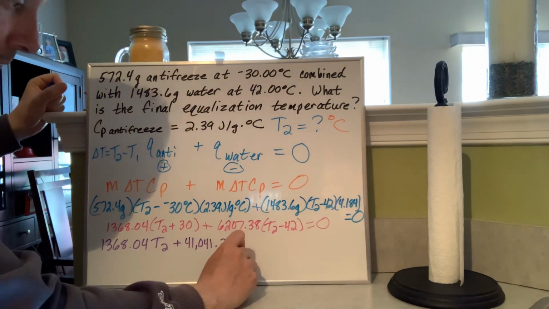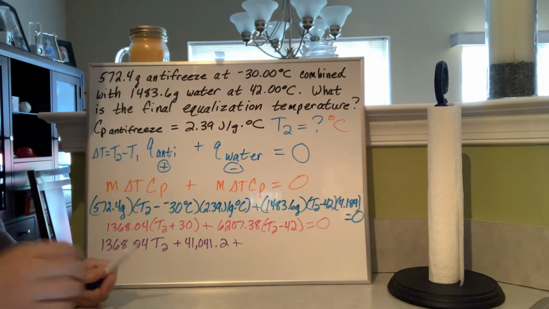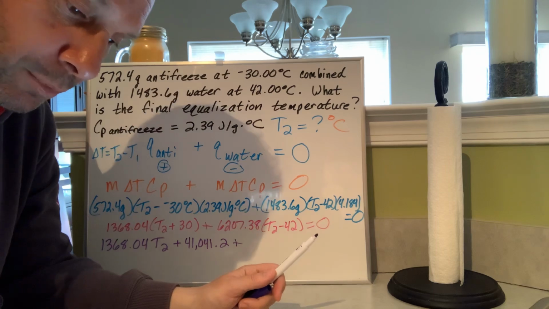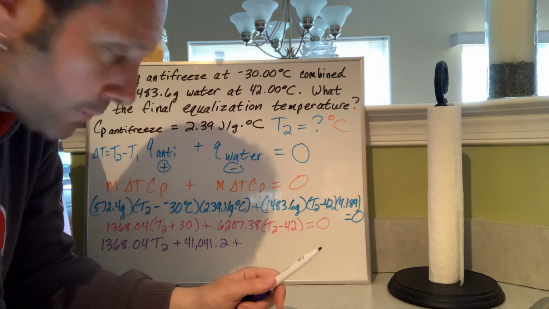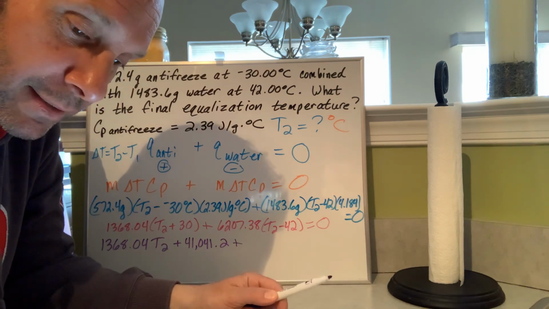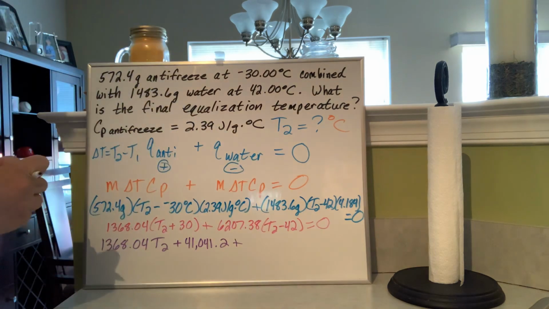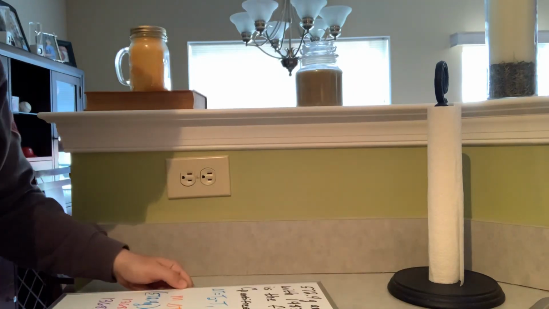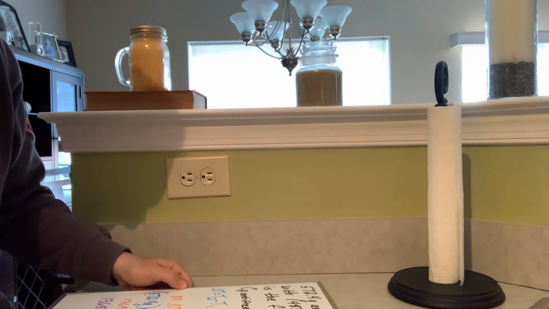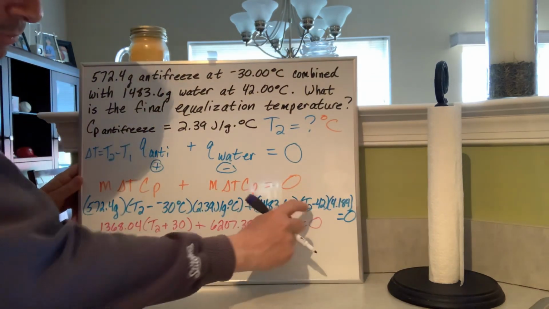Now, plus 6207.38. All right, let's do 6,207.38 times T2. This is going to be a lot. All right, so 6207.38 times T2 is 6207.38 T2 minus, now look, it's going to be minus here because it was minus positive.